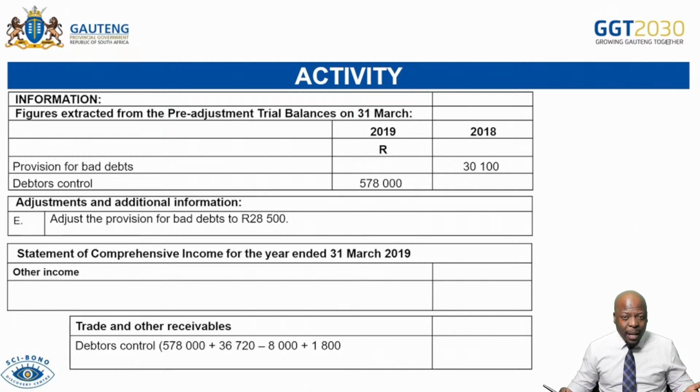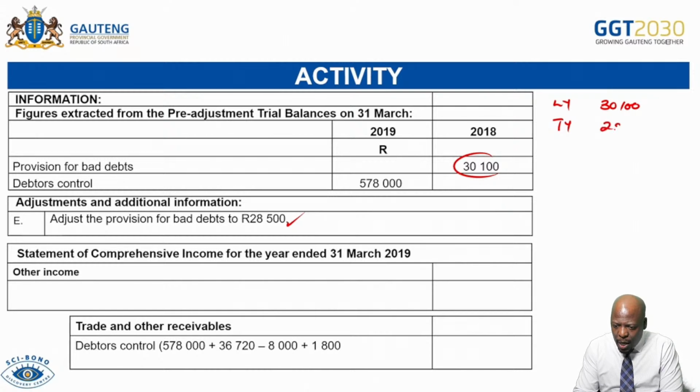That is the easiest way, where we say last year and this year. Last year's provision was 30,100. And this year's provision is 28,500. What do you see? Is it an increase or a decrease? It is definitely a decrease.